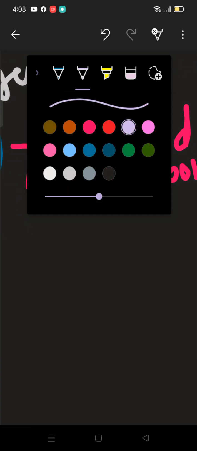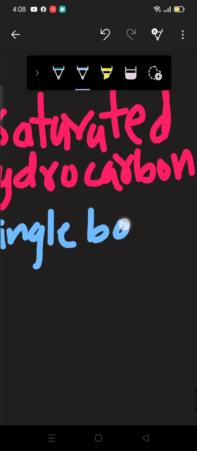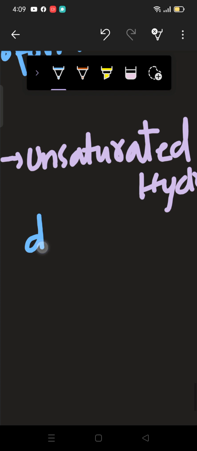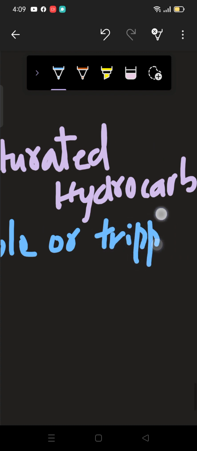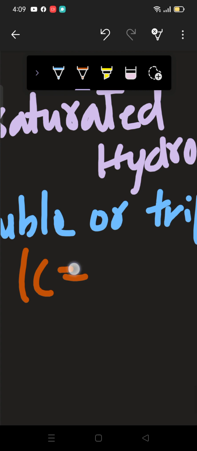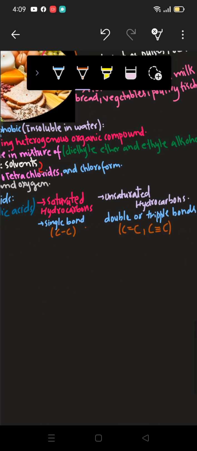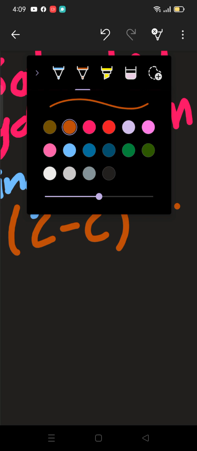Here we'll have single bonds between the carbons, as we do have here, C has a single bond with C. And here we'll have double bonds or triple bonds, C with double bond with C or C with triple bond with C. So the saturated hydrocarbons would be less reactive, because this single bond is what we call the sigma bond.